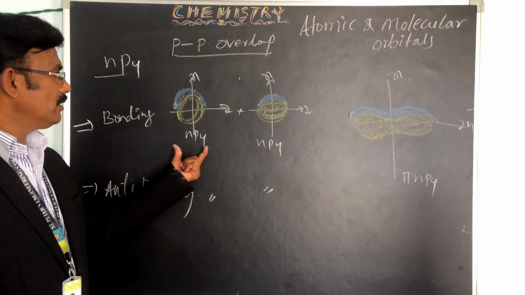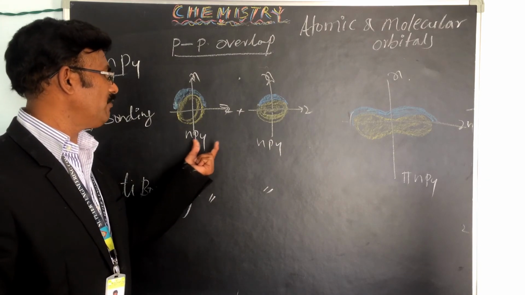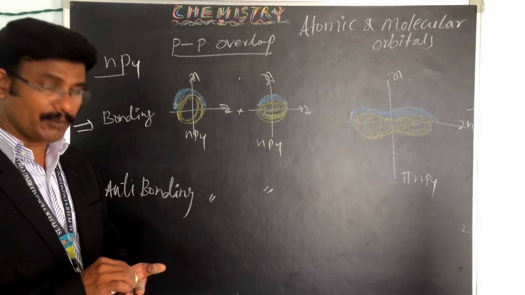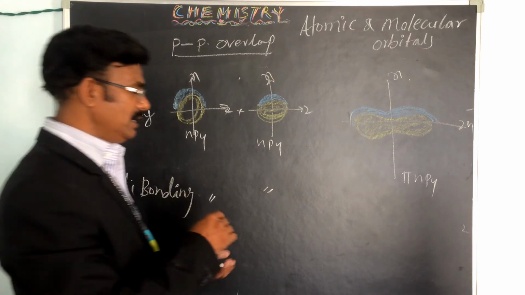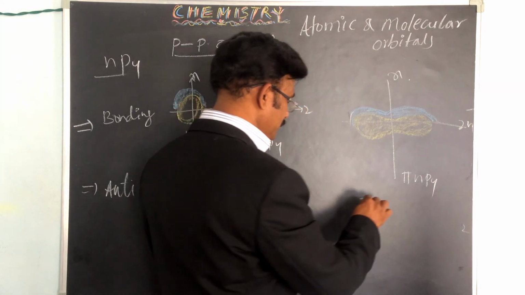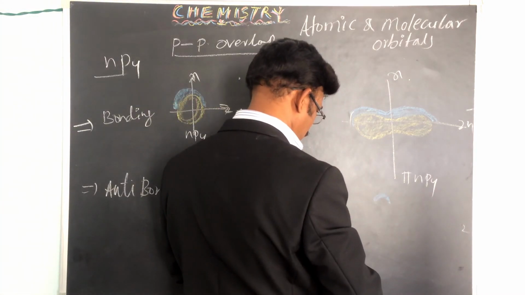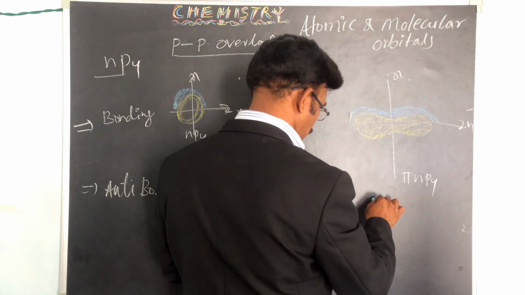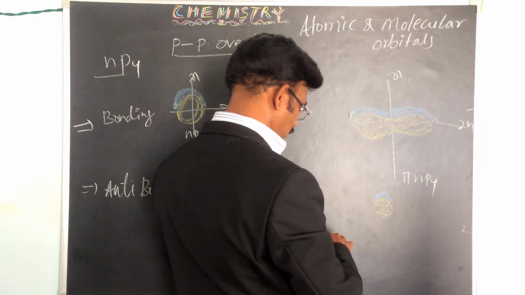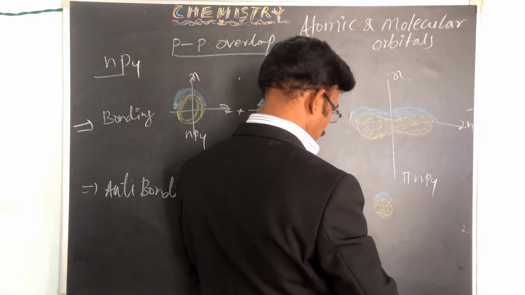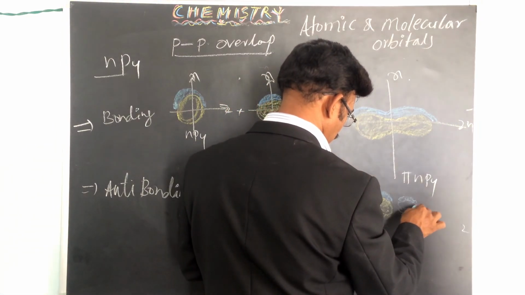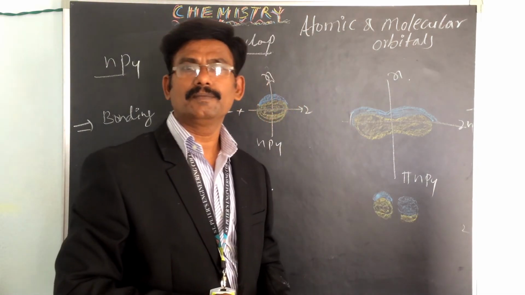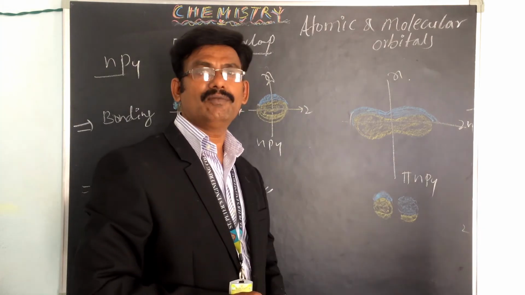So same case in anti-bonding. In anti-bonding, the same energy levels overlap, NPY plus NPY. So what compound will form? What molecular orbital formation takes place? Here this is the compound that will form.